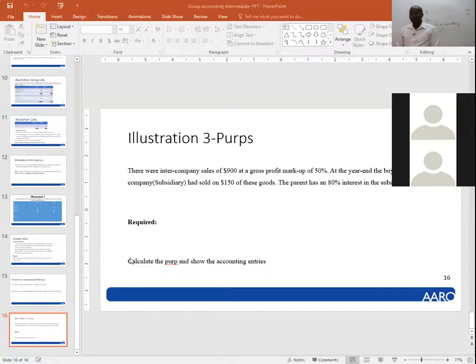So today I want us to look at something very interesting. If you're writing notes, I would want you to write a title called PAPS. PAPS is a very special working for anybody who is doing consolidation. PAPS is an acronym which stands for Provisions for Unrealized Profits.